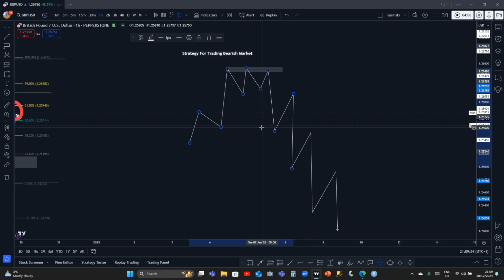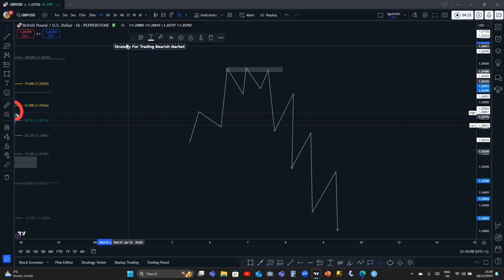Now my point, how do you get involved when you see that a trend is now bearish? Number one, you should be looking for what? A selling opportunity. Once it happens like this, what you should be looking for is what? A selling opportunity.